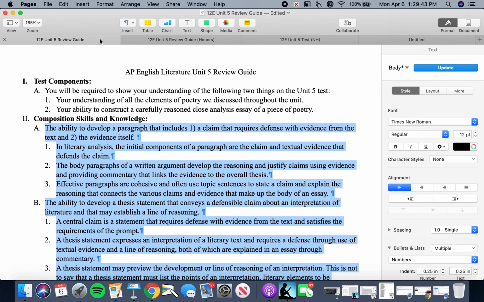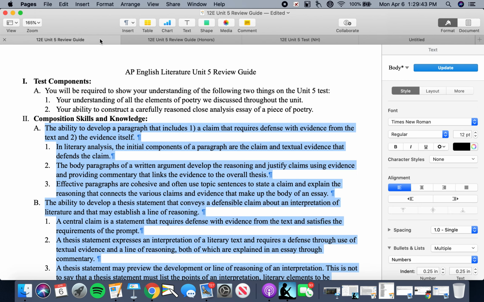If you're an AP student, you don't have a list of poems to study. You are going to write about a poem that maybe you've never read before by a poet that perhaps you're unfamiliar with. Basically, that's just going to evaluate your ability to construct a reasonable analysis on your own.